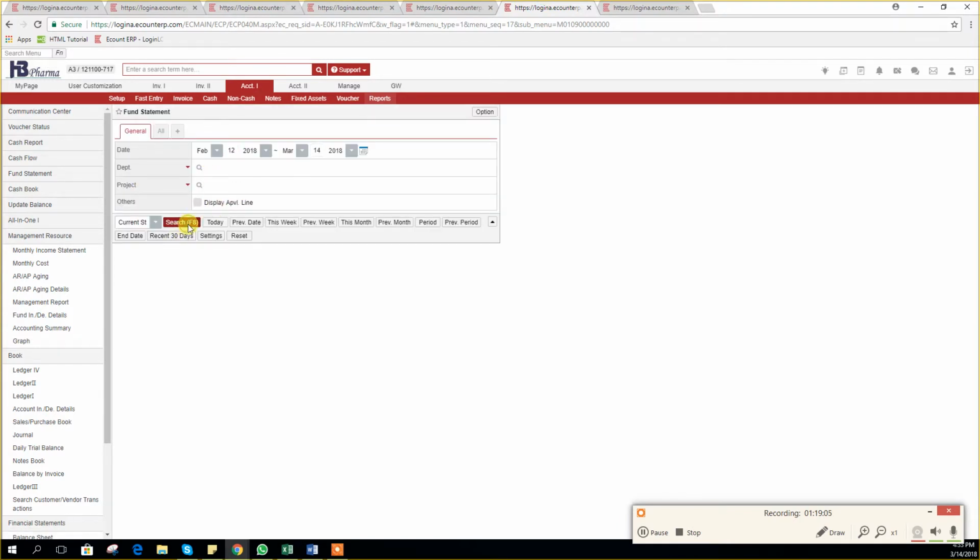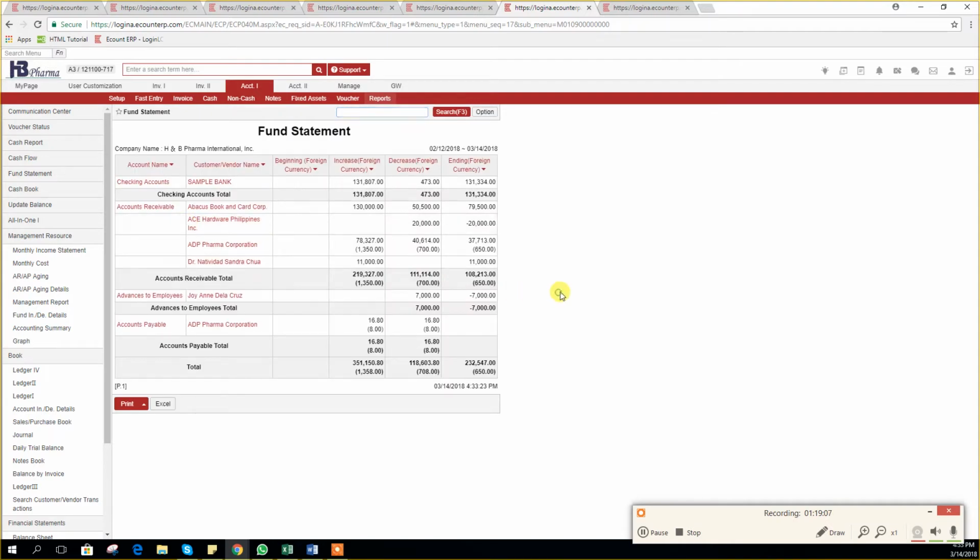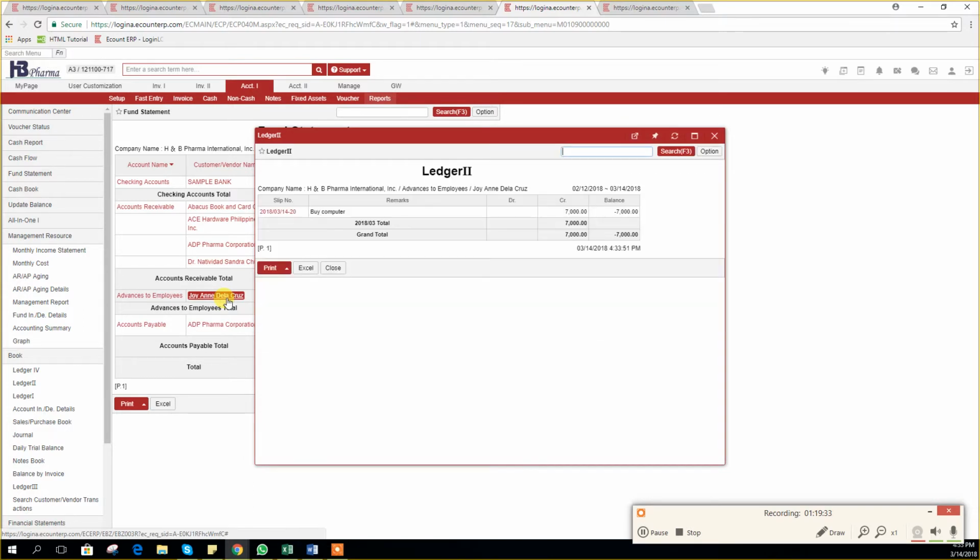My fund statement will tell me that the company owes Joy 7,000. So the 10,000 advance is gone now. So the company needs to pay back because Joy used her own money to buy a computer. I can click inside here and see buy computer.